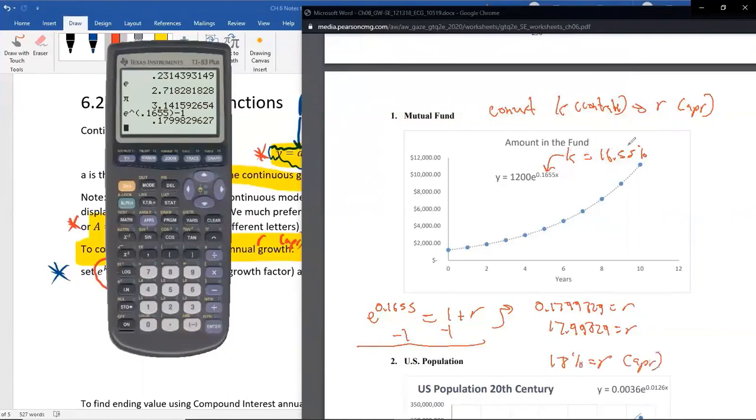So a 16.55% rate that compounds continuously. If you had some money that gained interest 10 quintillion times every time I'm snapping my fingers, you would need that account to have a 16.55% rate in order to match an account that gained interest once per year, earning 18%. That's the association here.